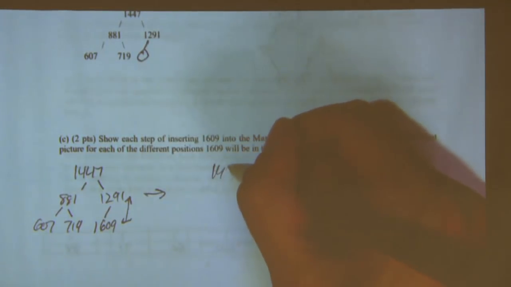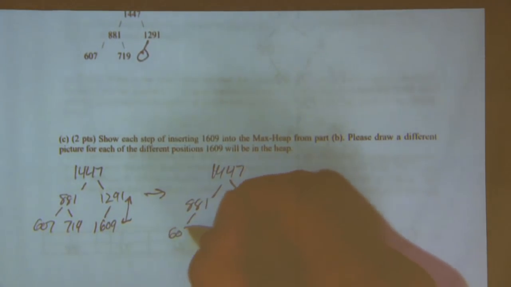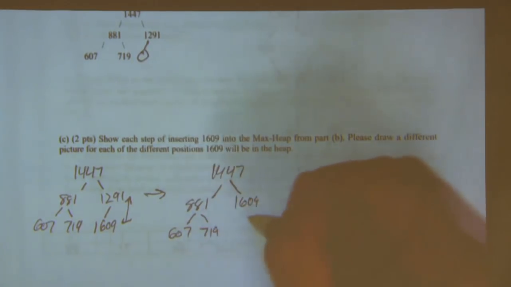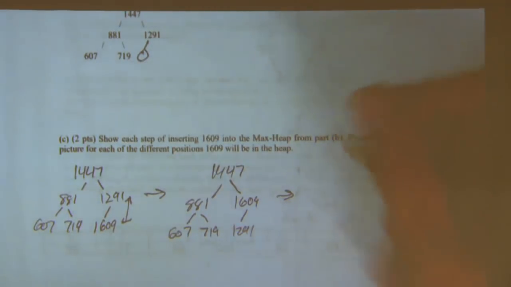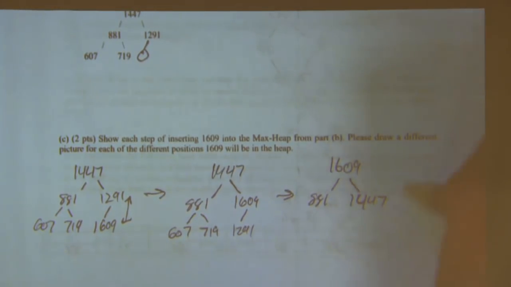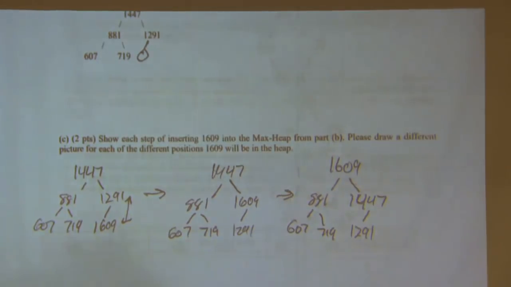We swap these two right here, and we get 1447, 881, 1609, 607. And then we do one more swap right here, and we have 1609 at our root, 881, 1447, 607, 719, and 1291.